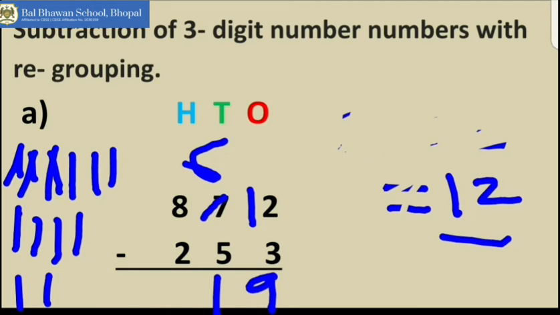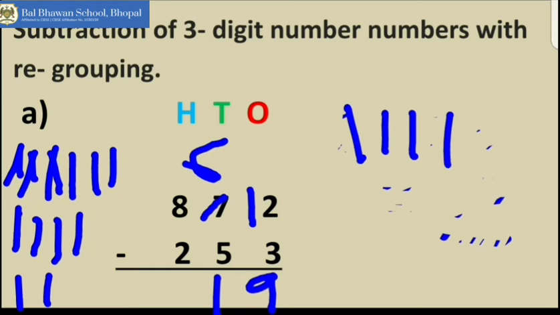Now we will draw 8 lines. 1, 2, 3, 4, 5, 6, 7 and 8. And then we will cross out 2.